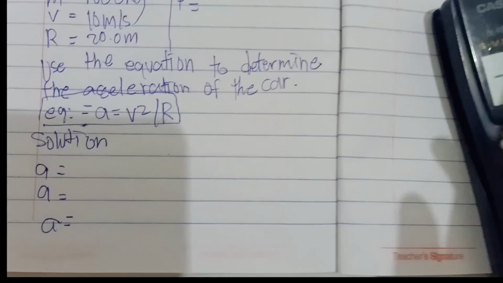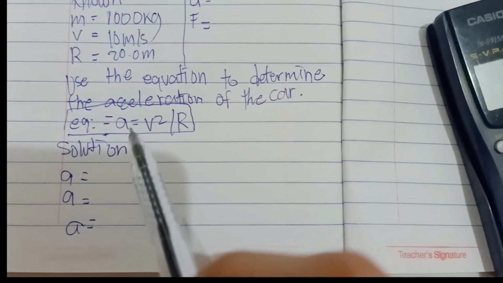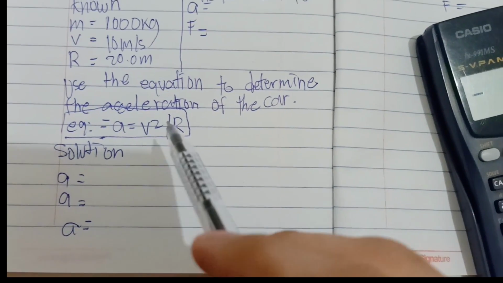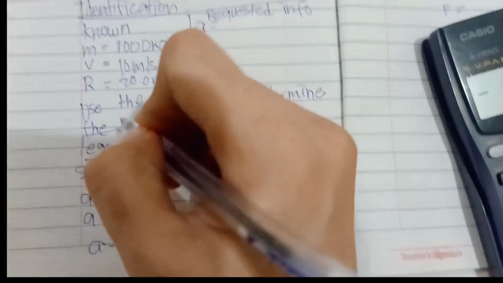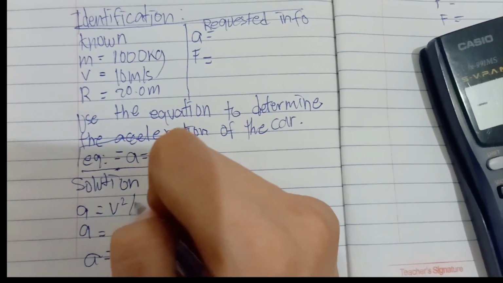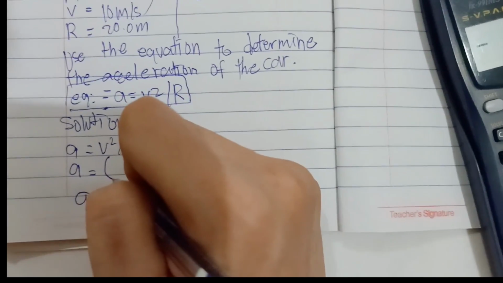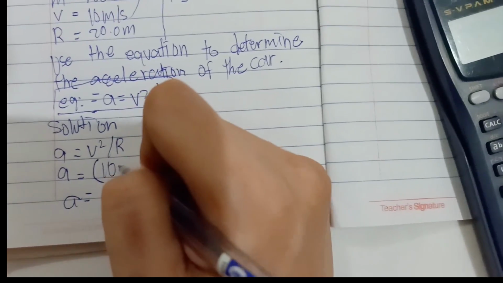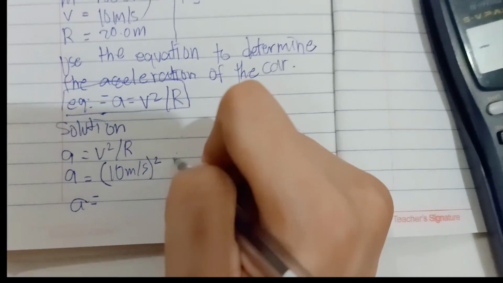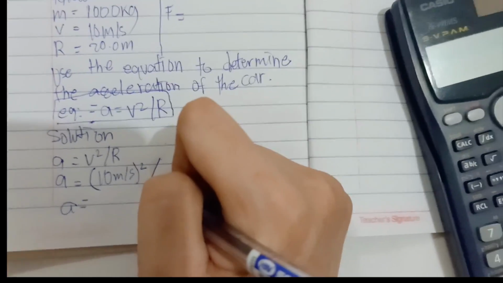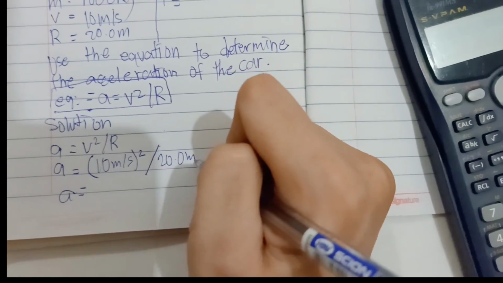So use the equation to determine the acceleration of the car. The equation of acceleration is a equals v squared over r. So let's do this. a equals v squared over r. Substitute the values. So v is equal to 10 meters per second squared, divided by r, which is 20.0 meters.